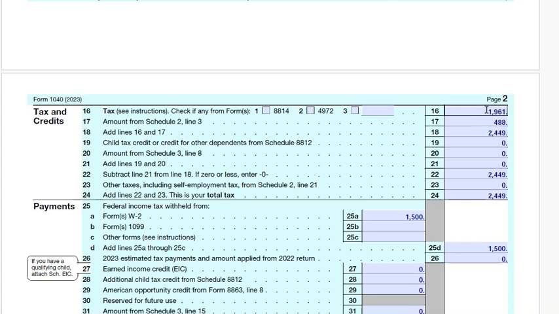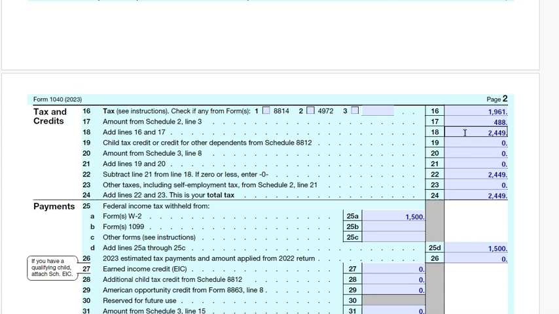And this is the tax liability. This is what the government overpaid for the health insurance. And so now combine line 16 and line 17, we have 2,449. Line 19, no child tax credit. Line 20, no Schedule 3. Line 21, combine lines 19 and 20. We still have 0. And then line 22 is subtract line 21 from line 18.